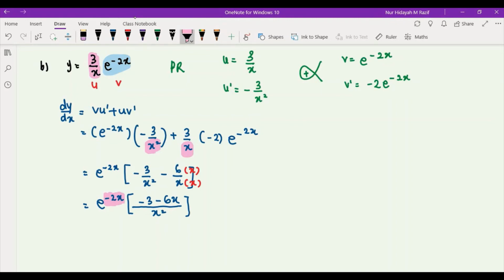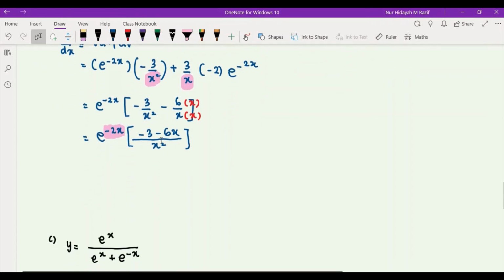Okay, so let's rewrite that as negative 3 minus 6x divided by x squared times e power of 2x. And we can just leave that as our final answer.